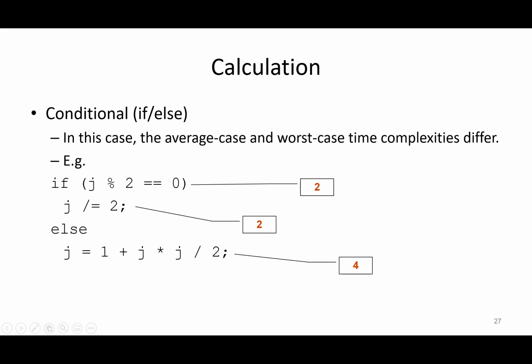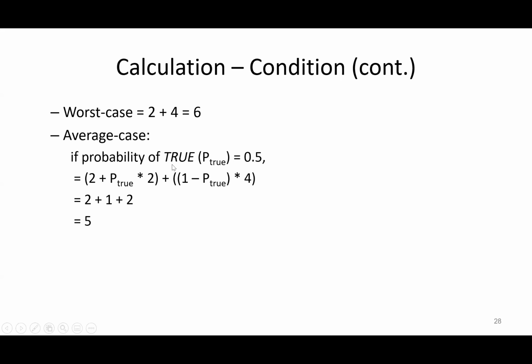How about average? If we know the probability of getting true and false, assume here the probability of getting true and false is 0.5 each. So my average case I can calculate as 2 plus p true, where the probability of true is 0.5, multiplied by 2.